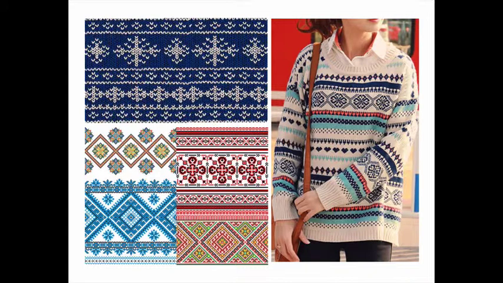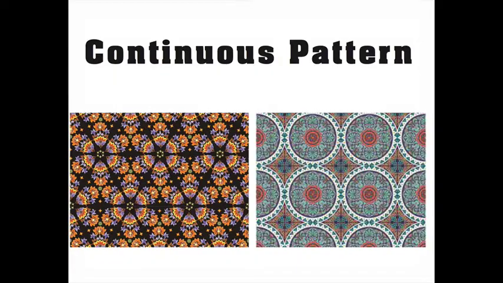Okay, and this type of pattern, you see them a lot on sweaters, right? Or any kind of yarn-based product. And continuous pattern can be seen not only linear, but also in a large format.